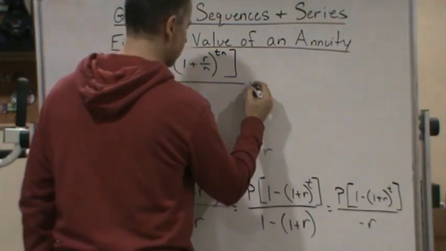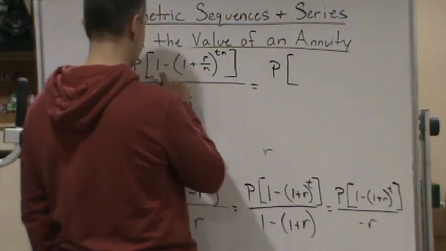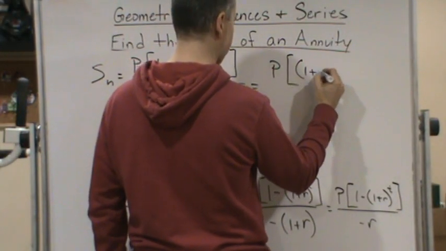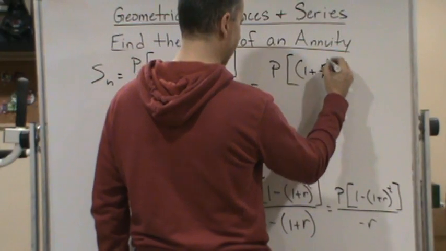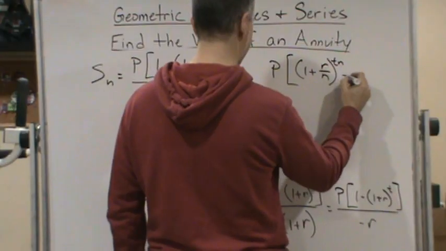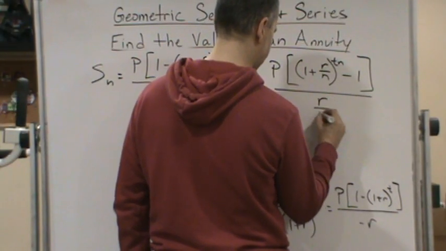And so we can simplify this and get our final answer, which is going to be P. And then we're going to switch these, so it'll be the quantity 1 plus R divided by N raised to the T times N power minus 1 all over R divided by N.